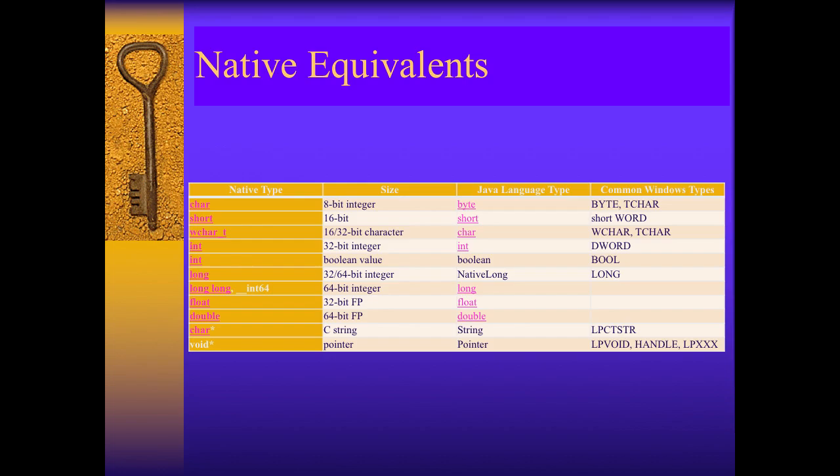Now you've got different mappings. Now you've got to go from Windows to the Java byte to the native types. And in fact, the mappings aren't all that different from what you've seen before, except perhaps the strings and the pointers. Those look a little bit different.